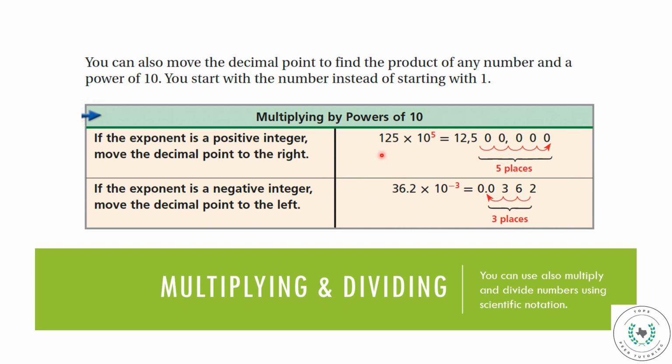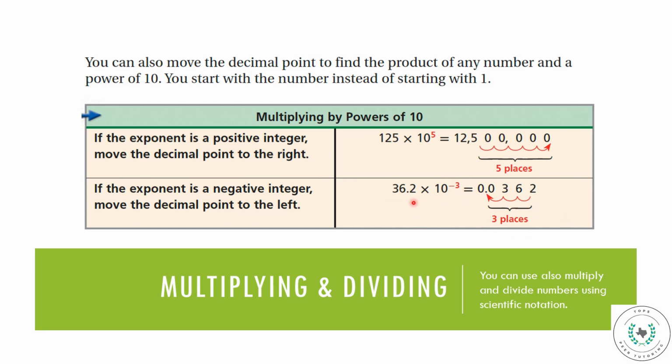So in this example that they have, this is 125 times 10 to the power of 5. So you start with that 125, and you take that decimal and you go 1, 2, 3, 4, 5, and you move it 5 places, and then you add in those zeros. Here, they have 36.2 times 10 to the power of negative 3.